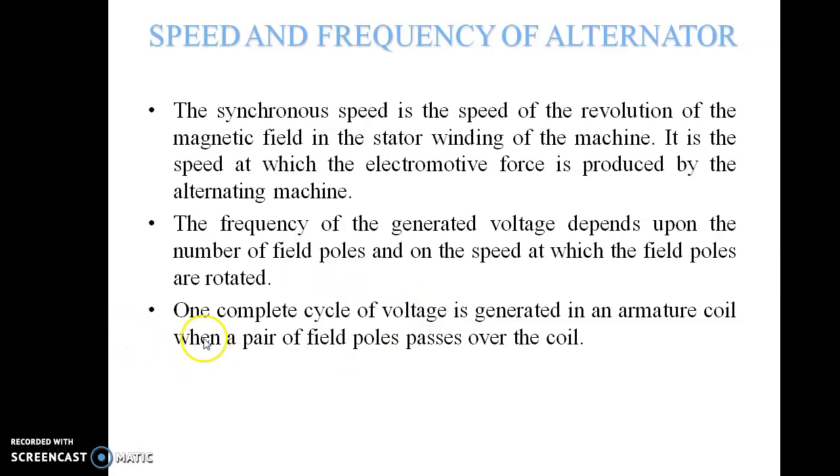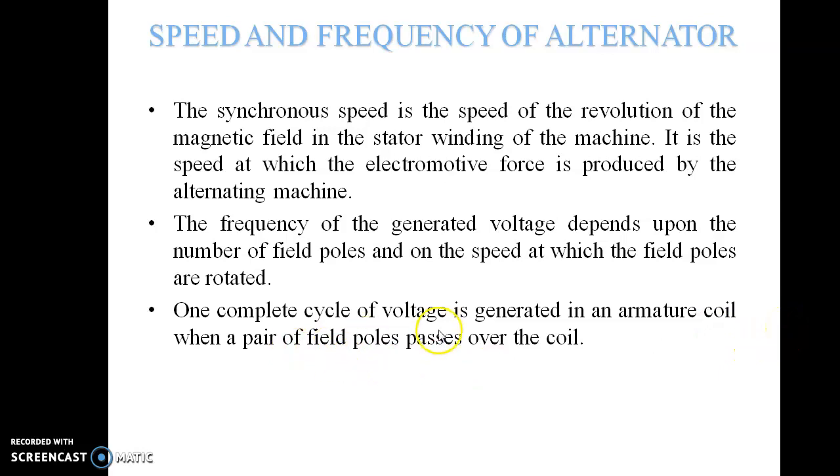Next, one complete cycle of voltage is generated in an armature coil when a pair of field poles passes over the coil. Note it down, students.